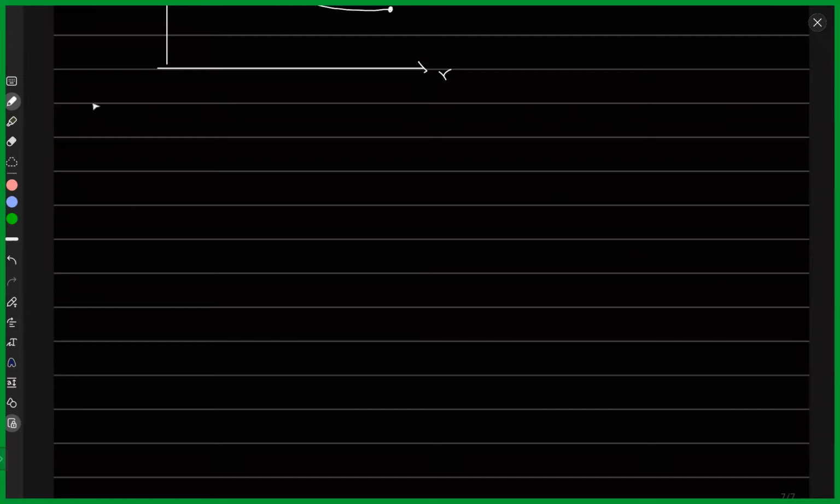So electrical potential energy versus distance. I'm going to draw a graph. Let me see if I can do it right. It's something like this.